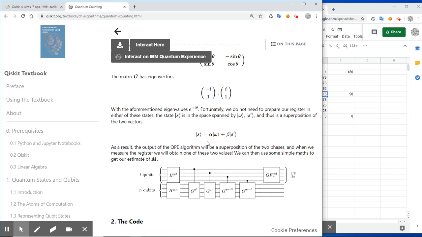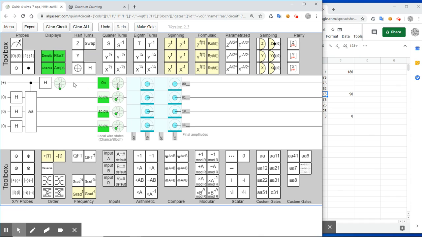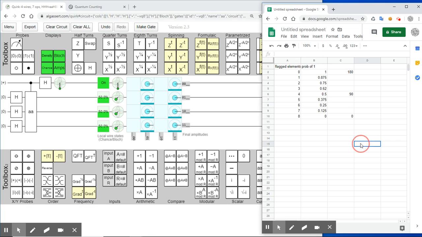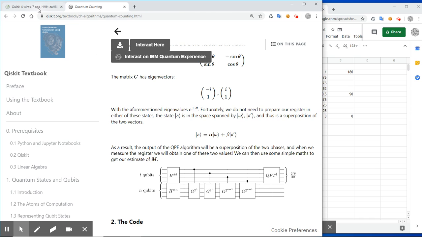If I would just sample the measurement result of this qubit, then I can directly find the number of elements, and it allows me to count everything, even up to 8. Well, that's way better, I'd say, than the quantum counting algorithm.